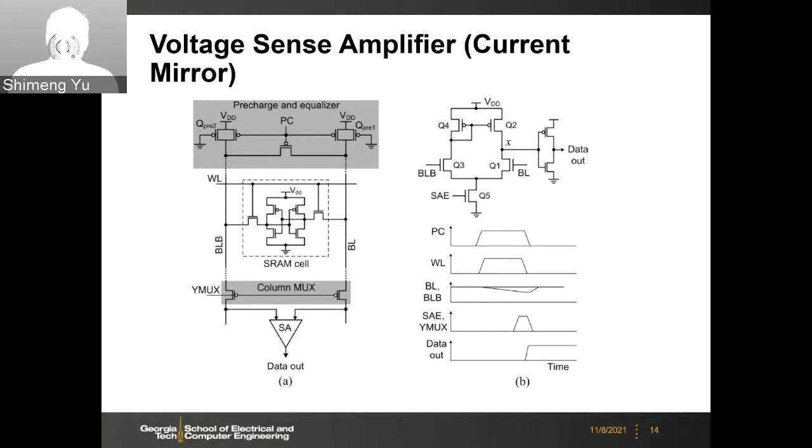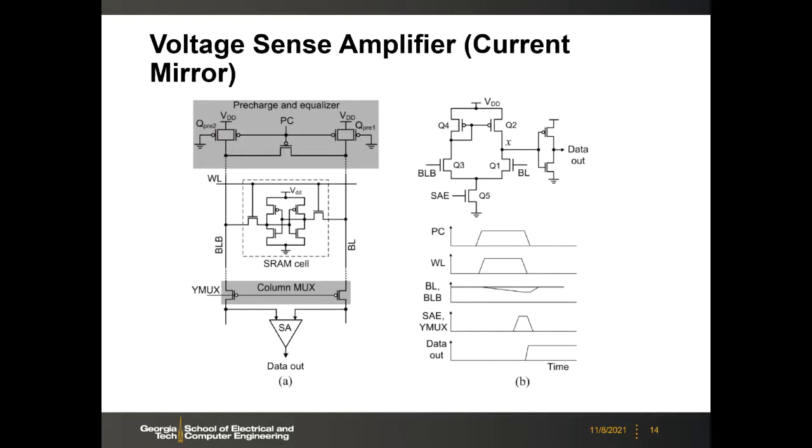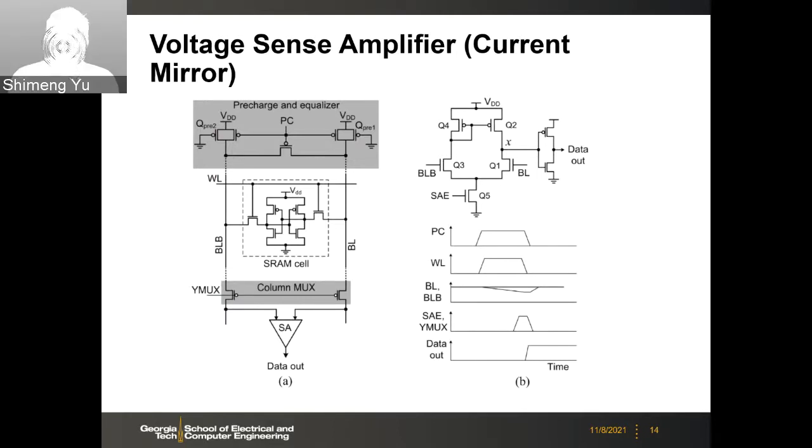Okay, so let's look at some simple sense amplifiers. This one is a very simple sense amplifier, and here we have the example of the SRAM. But no matter what, you can think of other memories as well.